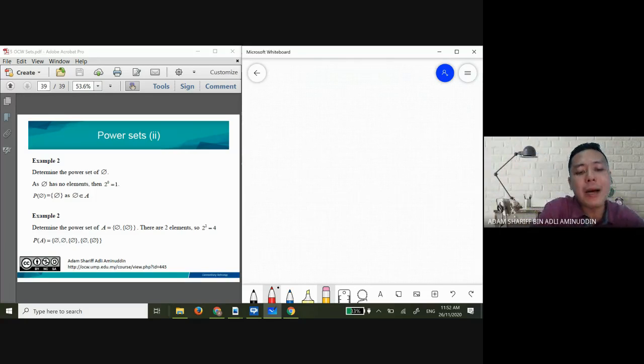Okay, determine the power set of the empty set. Because the empty set has no elements, it will be only one, which is itself. However, this is not the empty set. Okay, suppose A contains the empty set and a set which contains the empty set symbol.